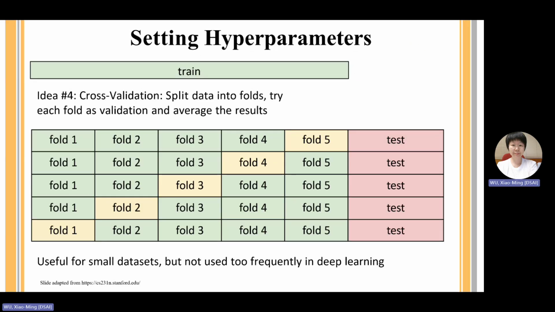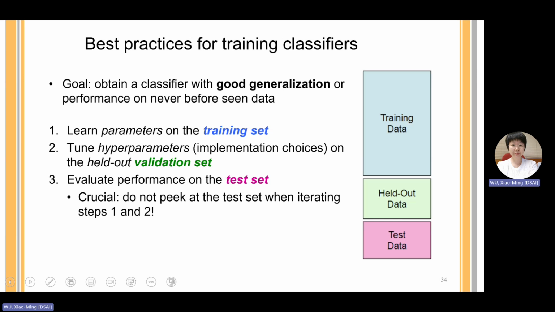Another one is we further hold out a validation set. The purpose of the validation set is for us to choose the hyperparameters, to choose the implementation choices, such as which k to use, which distance function to use in the k-nearest neighbor algorithm.